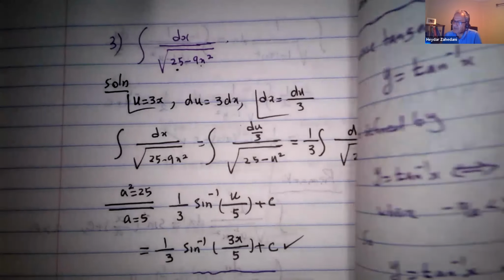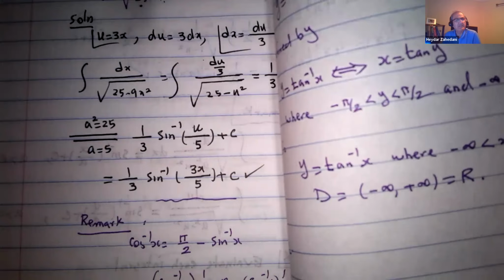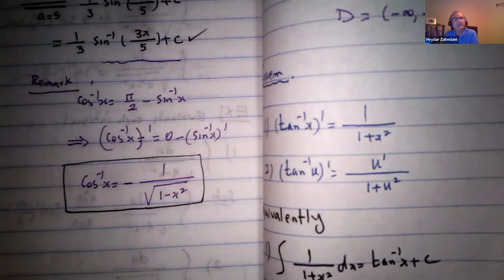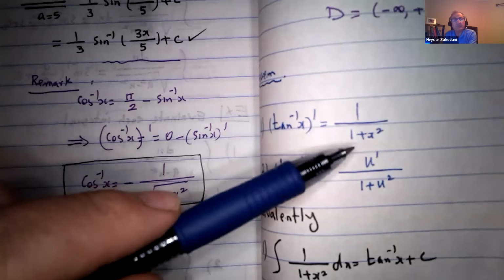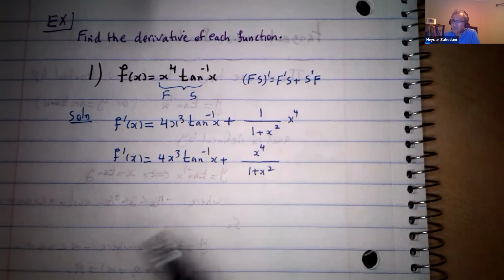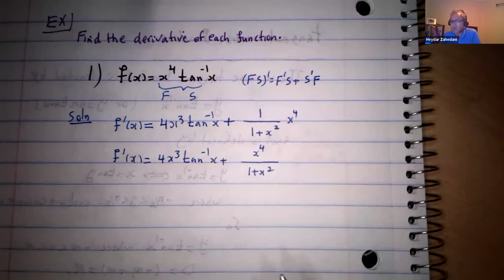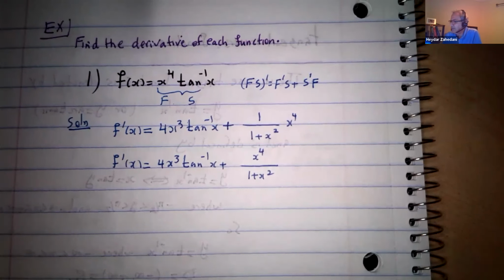We have the formula here. The tangent inverse of x, your derivative is going to be 1 over 1 plus x squared. So that would be derivative of the second one, 1 over 1 plus x squared, times the first function. You cannot simplify it, so that would be the end of the problem.